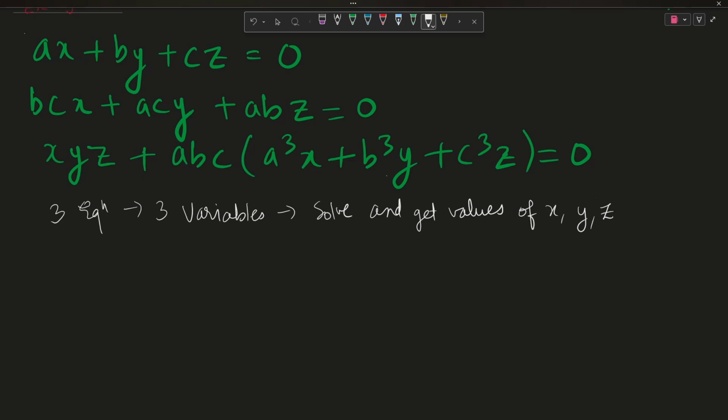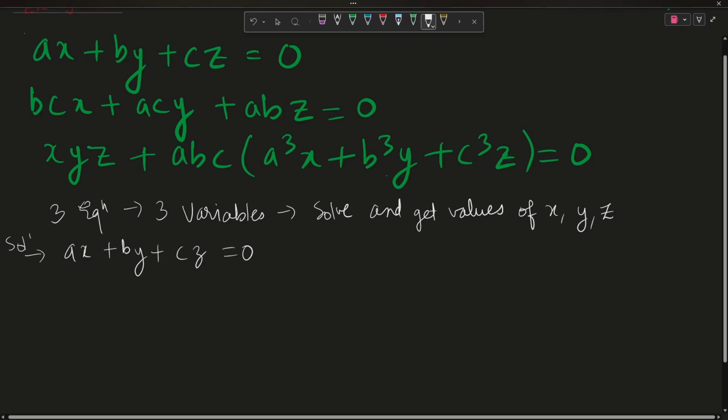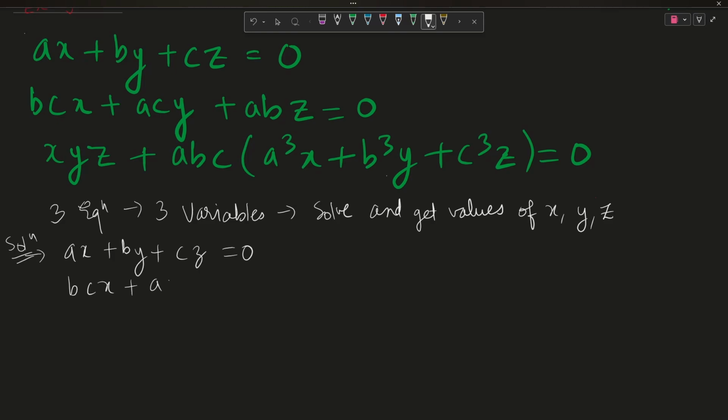So the first equation, ax plus by plus cz is equal to 0, and second equation, bcx plus acy plus abz is equal to 0.